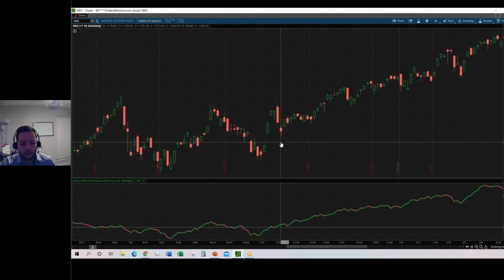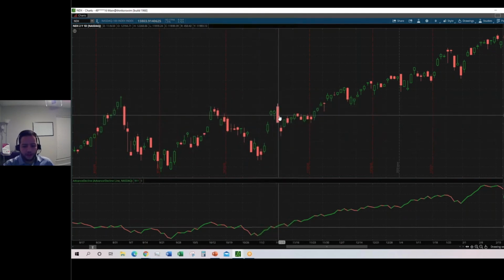What do we see here? So back in November, around November the 5th, the 6th, and the 9th, we saw that the breadth line was actually making new highs, or it was advancing. Okay, so more stocks were advancing than declining, but yet we saw a decline on the Nasdaq.